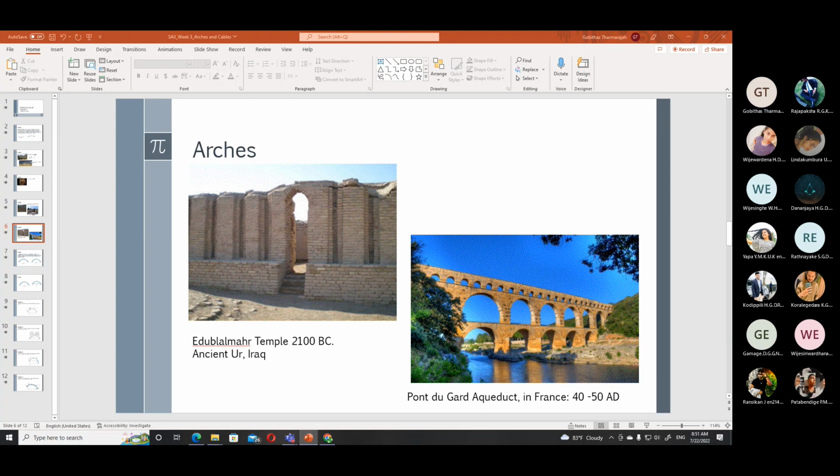Now you can see a massive span can be achieved using brickwork in the form of an arch. Here the span is small. The Romans have mastered the art, and then they made their arches wider and wider, so they might be able to construct very sophisticated structures.